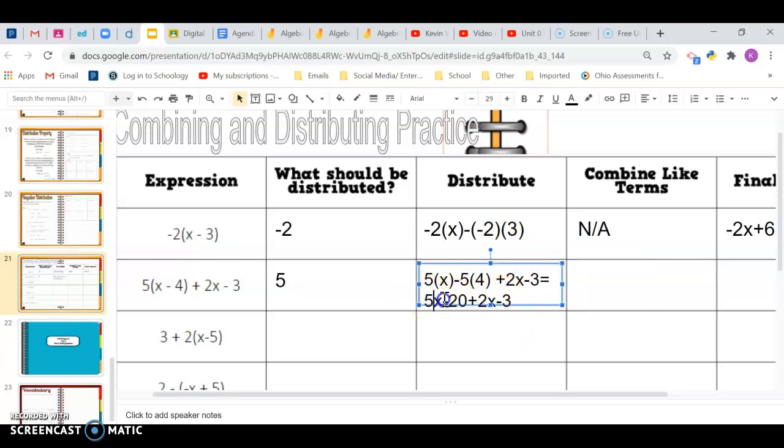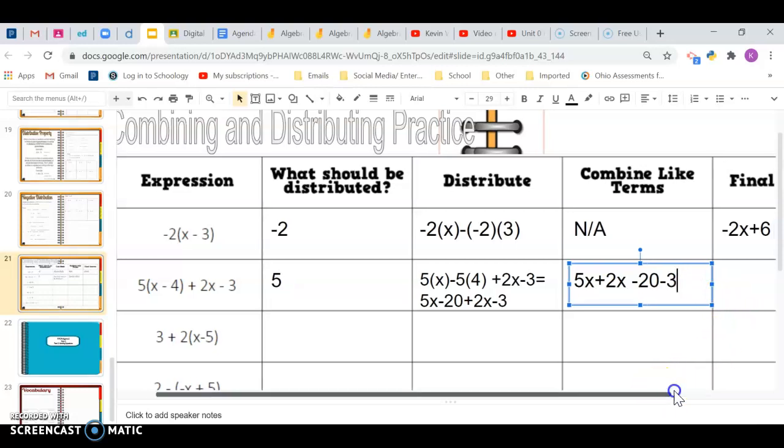We want to simplify what we got down here. So I'm going to just rearrange this a little bit here. I got 5x plus 2x. Then I got on the other side, -20 minus 3. So I put the x's together, I put my 20 and my 3 together.